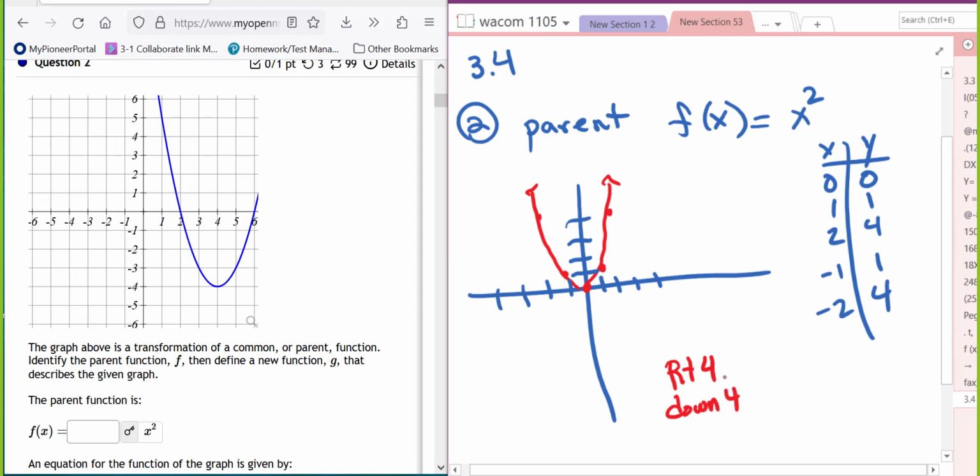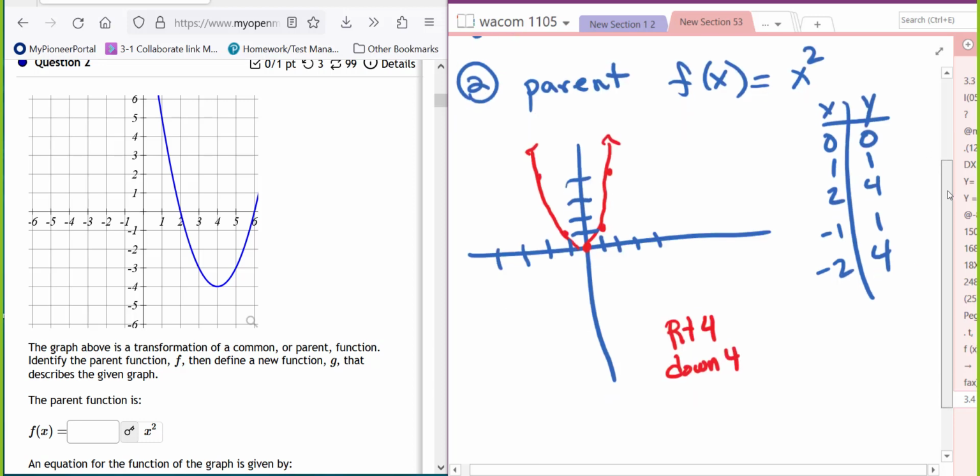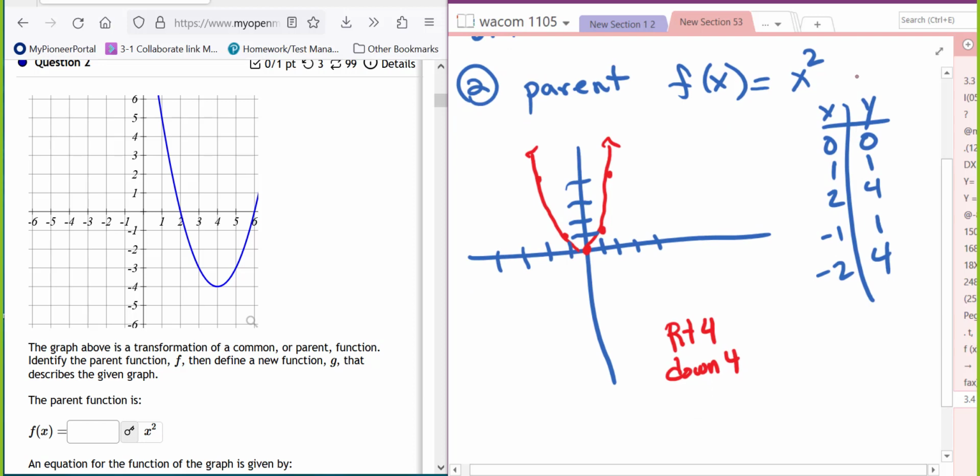Right? And so the way you show that on the equation is an up or down movement goes separate. It's going to go out here and it will do exactly what it says. So if it's down, it's going to be negative. So this is your moving down. The left and the right, moving it across, just sliding it, goes in with the x.